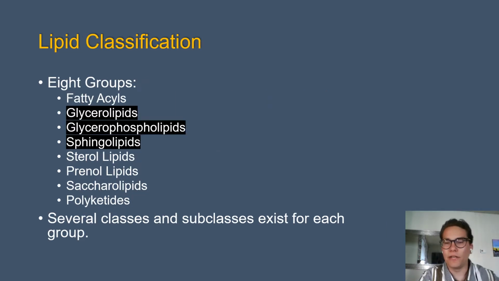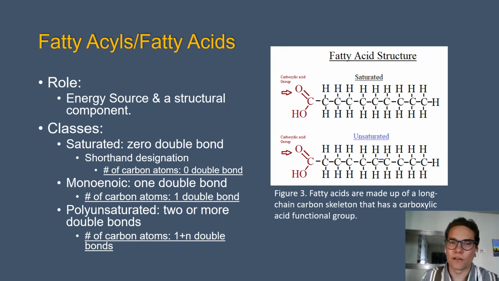So there are 8 groups for classification of lipids, and we're looking at 3 of them: glycerolipids, glycerophospholipids, and sphingolipids. Again, I'll go over fatty acids because that is structurally important for the other 3. Fatty acids are commonly known as fatty acids.